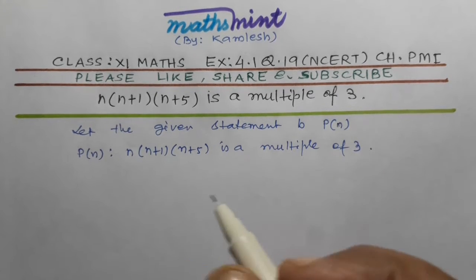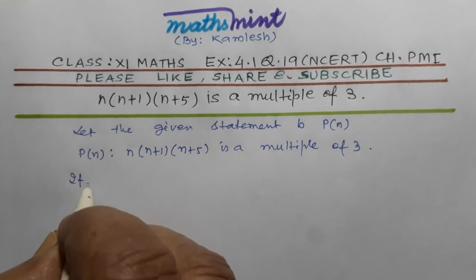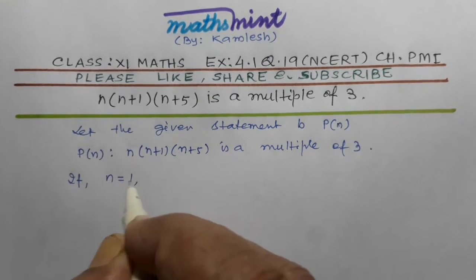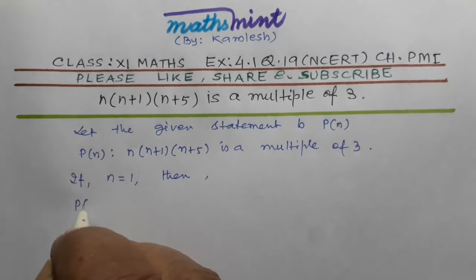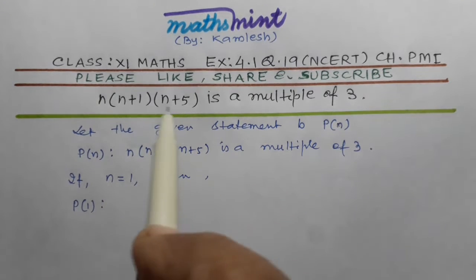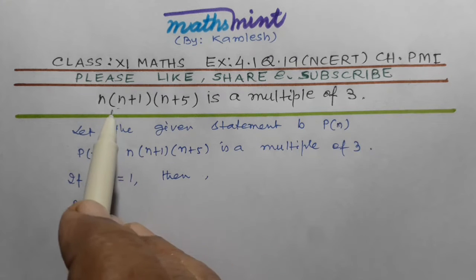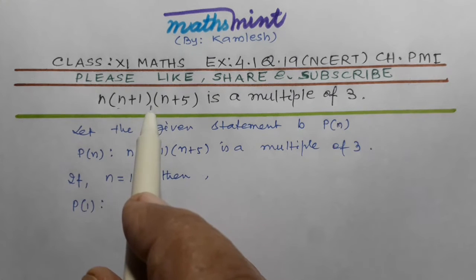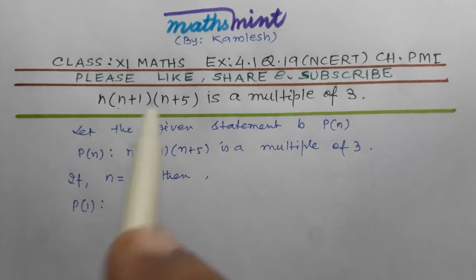In the second step we assume that n is equal to 1. So if n equal to 1, then P of 1 is such that, all terms are the first term because there is a multiplication, not any sum or minus, so it is only one term, so we shall take the complete term.